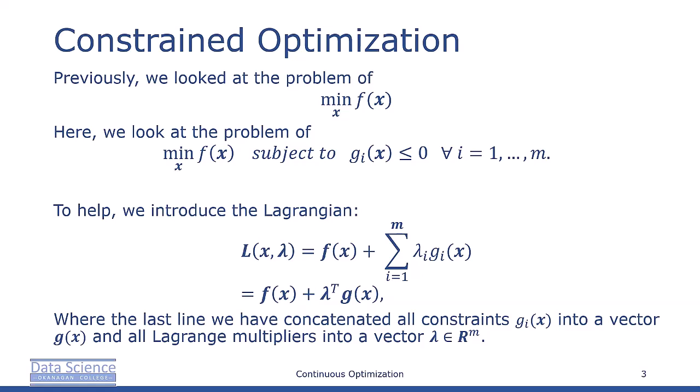So here we end up with L of x and lambda equal to f of x plus the sum, where i ranges from 1 to m, of lambda sub i g sub i of x, which we can see is equal to f of x plus lambda transpose g of x. And here in the last line, we've concatenated all the constraints g_i of x into a vector bold g of x, and all Lagrange multipliers into a vector bold lambda in R^m.